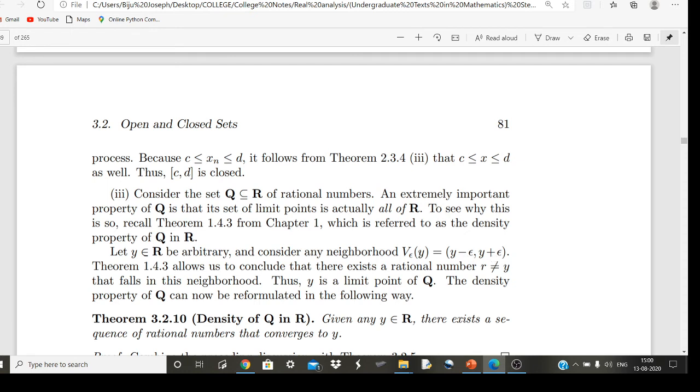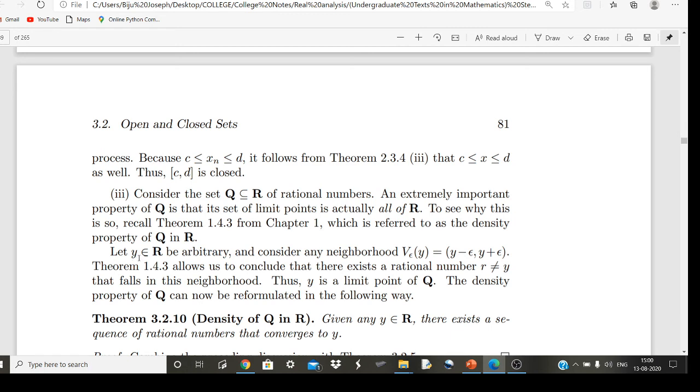Now this epsilon neighborhood will always contain some rational number other than y. So we take that rational number as r, and r will be different from y, and there exists a rational number satisfying this condition in this interval. So V epsilon of y will intersect Q at some point other than y.